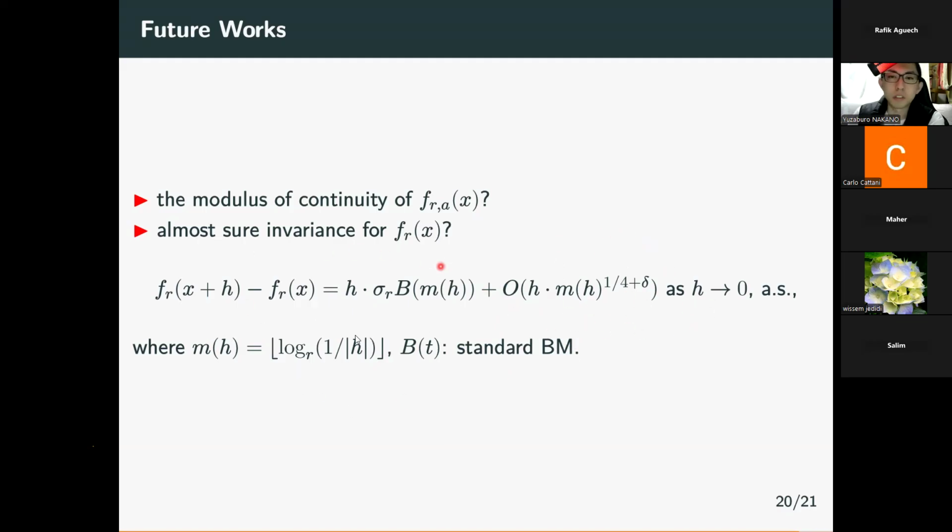Once we can prove this almost sure invariance principle, the central limit theorems and the law of the iterated logarithm for increments of Takagi-van der Waerden functions immediately follow.